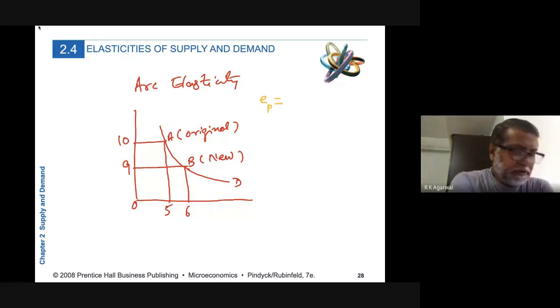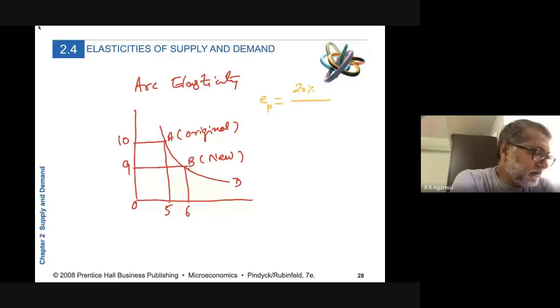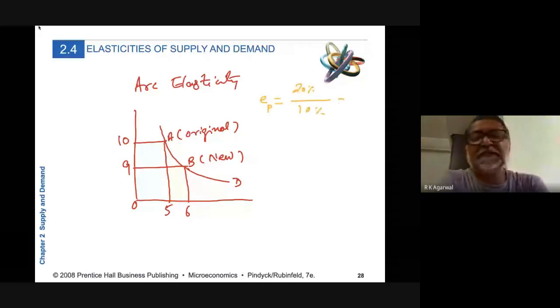So this becomes 5 to 6, goes up by 1. 1 out of 5 is 20%. So percentage change in demand is 20%. What is the percentage change in price? 10%. So the price elasticity is equal to 2.